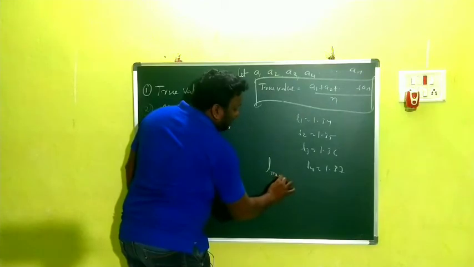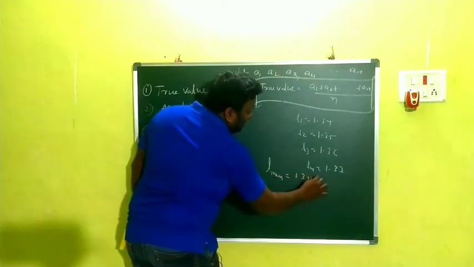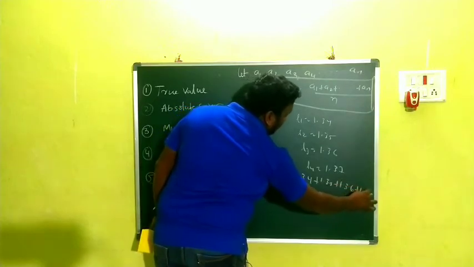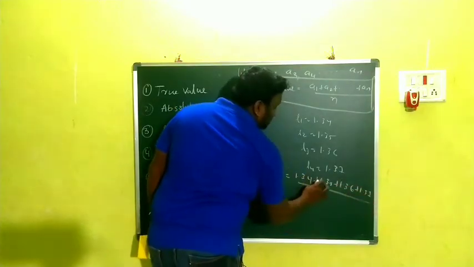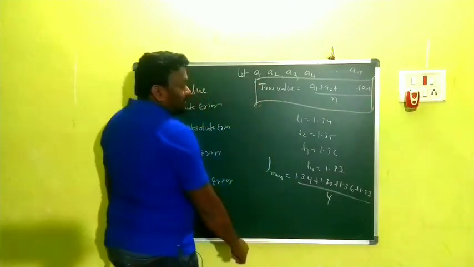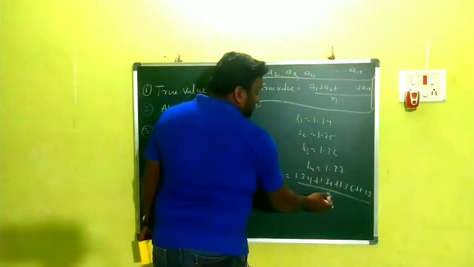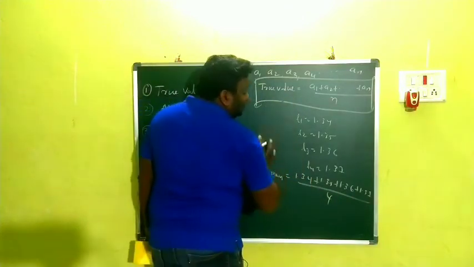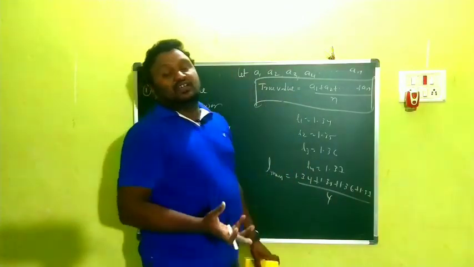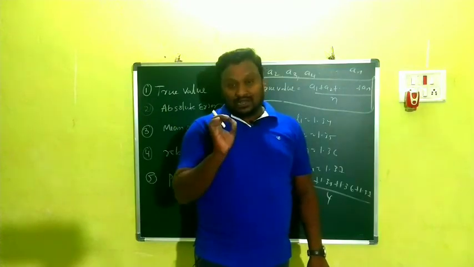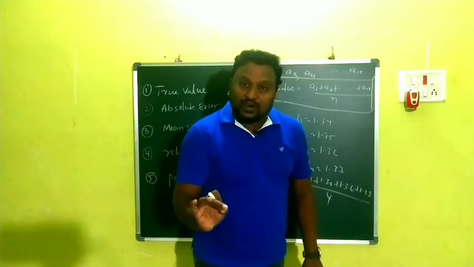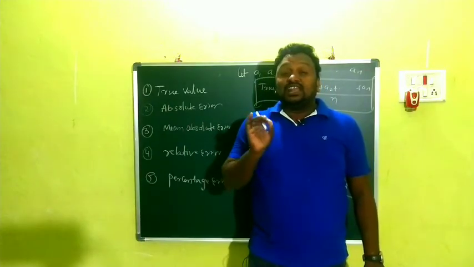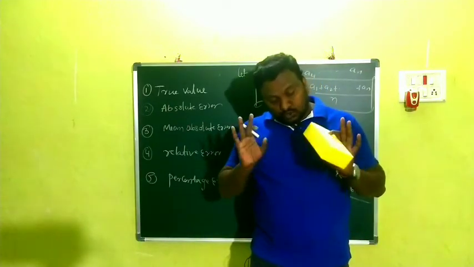I am writing L mean equals 1.34 plus 1.35 plus 1.36 plus 1.37, divided by 4. That is the sum of the observations divided by the number of observations. So like that we get the average, and that average value is what we call the true value. Got it, children? True value means the mean value of all measured values in an experiment.